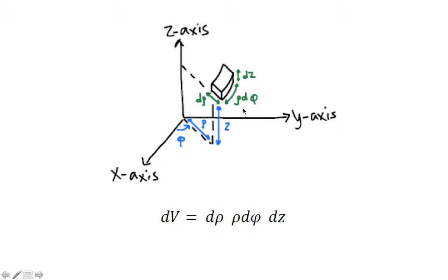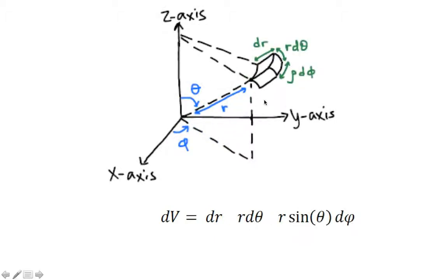It actually looks like the section of a 3D washer. In spherical polar coordinates, again we do not get a cube. Our volume element is going to be dr times r dtheta times r sine theta dphi. That is, this arc here is going to be rho dphi, where rho is equal to r sine theta. The distance here, if we move just a little bit in theta, is going to be r dtheta, and if we move a little bit in r, it's going to be dr.